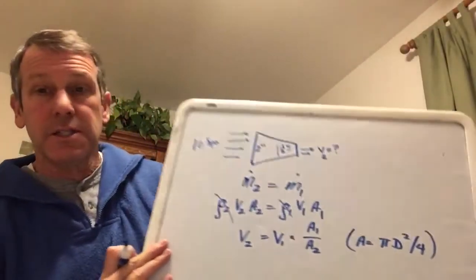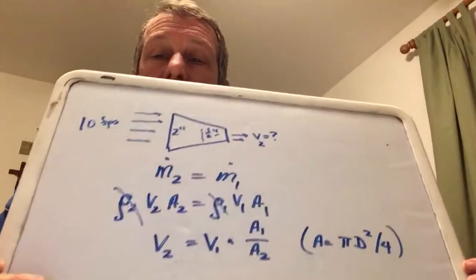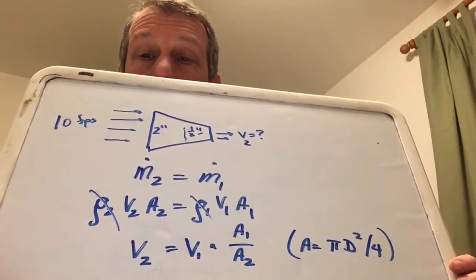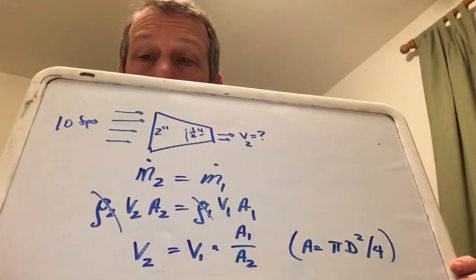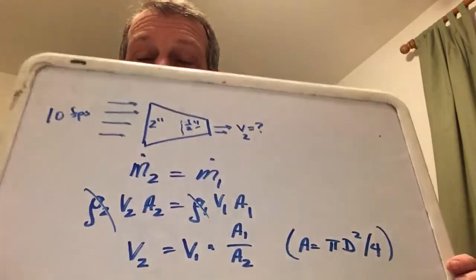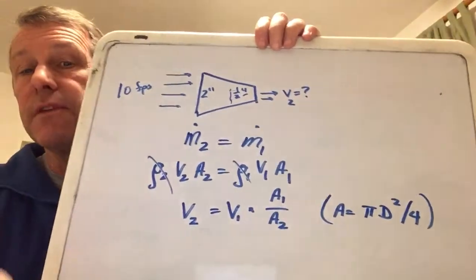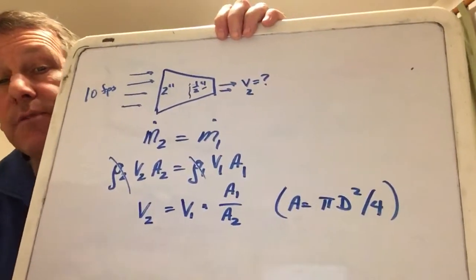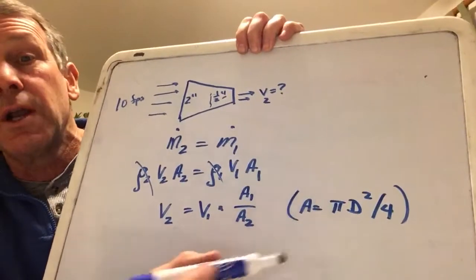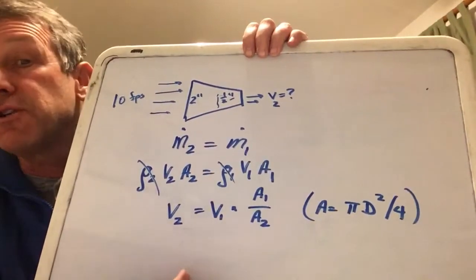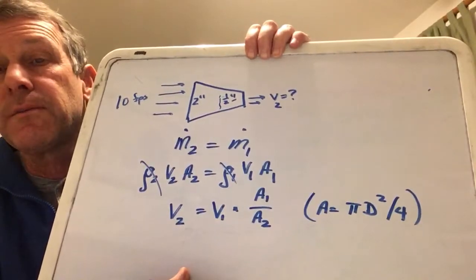Okay, so crossing out the densities, I solve for V2 and I get V2 equals V1 times the ratio of the inlet area to the outlet area. Note that in Engr124 and probably in your fluids class, for the cross-sectional area of pipes, instead of using pi r squared, a lot of times we use pi d squared over 4. That comes from the fact that pipes are usually specified in engineering in terms of diameter, not radius.